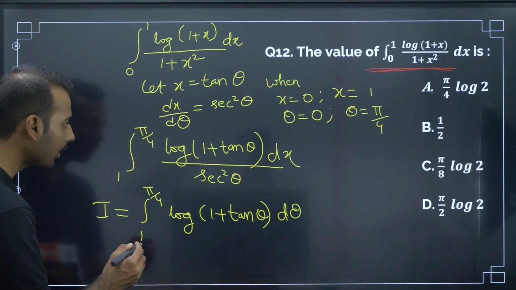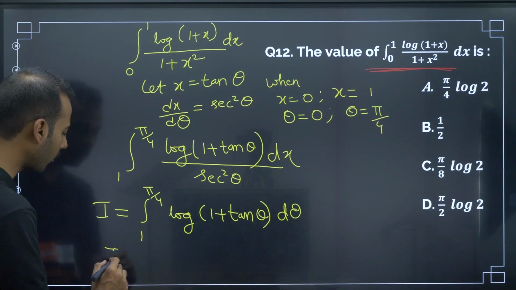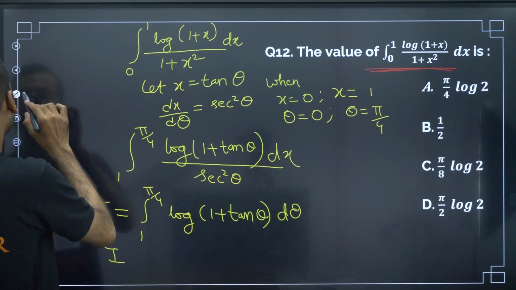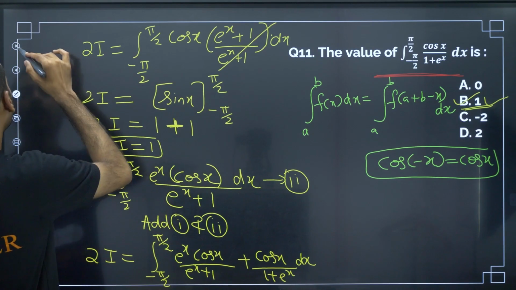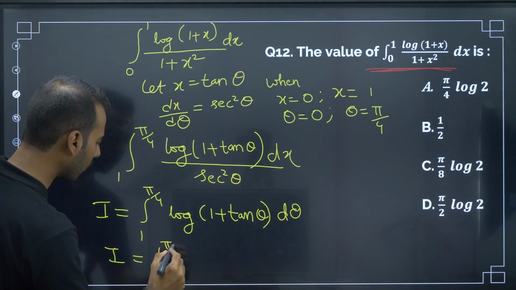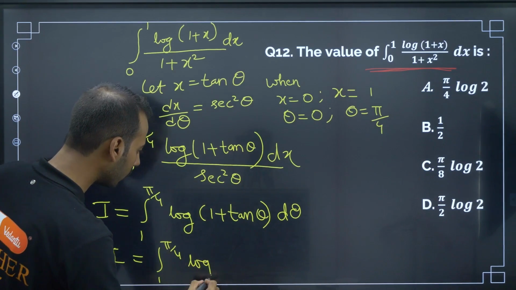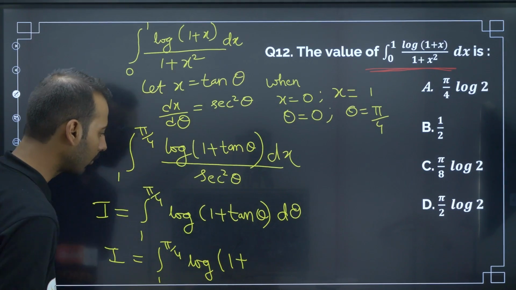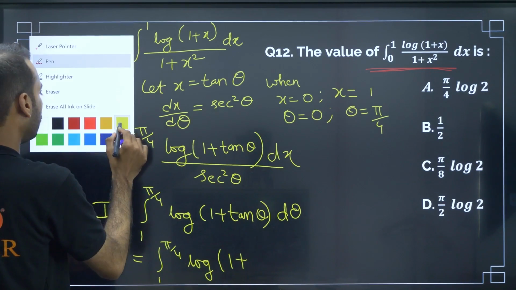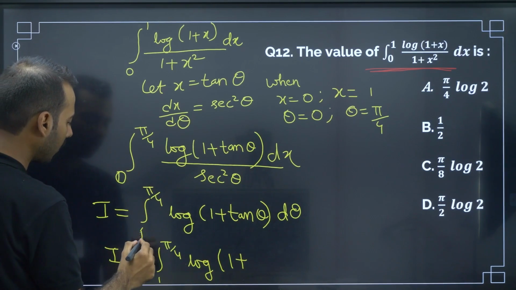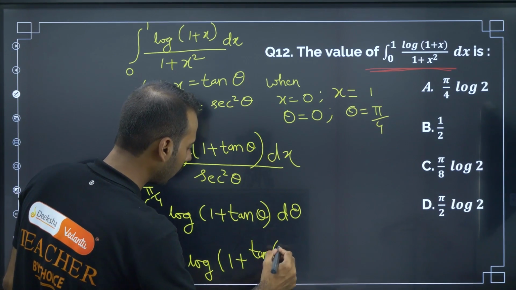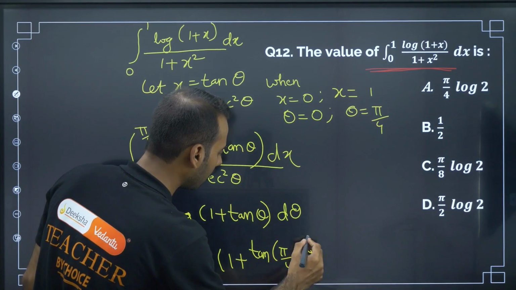Now I is equal to, just now I already told you one property, and I have written it using the green pen in the previous question. The same property I am going to use here also. This becomes, sorry, this is 0, by mistake I have written 1: 0 to pi by 4, log of 1 plus tan of pi by 4 minus theta.